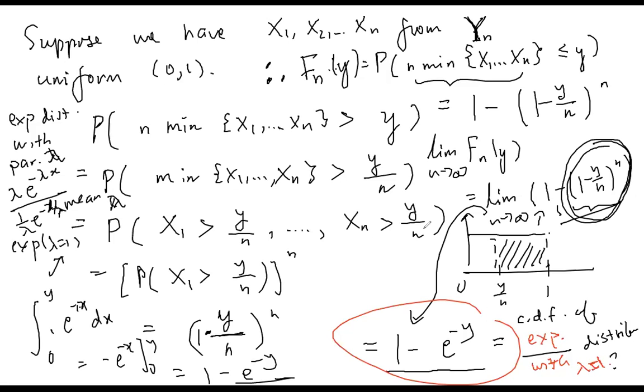Which means, in a nutshell, n times the minimum of X1 until Xn converges in distribution to an exponential distribution with parameter lambda equals to 1.